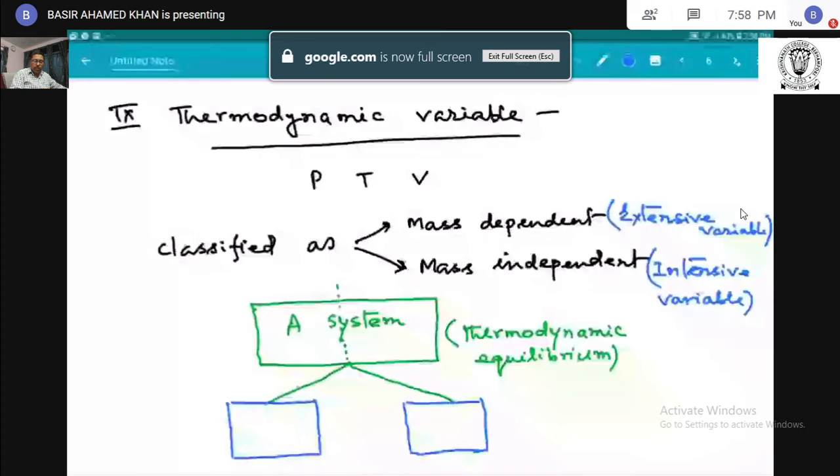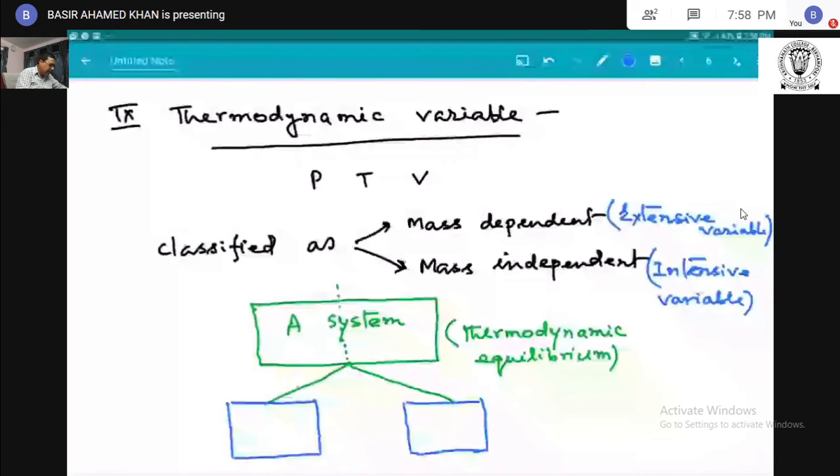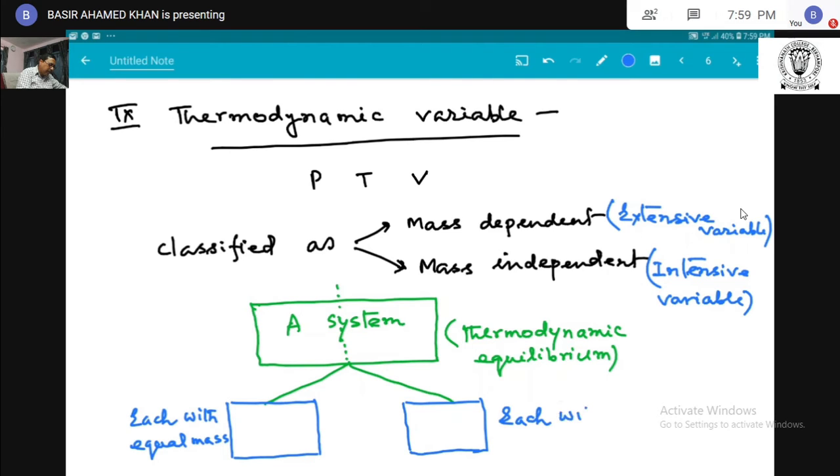Divided into two equal parts, each with equal mass. The two separate equally divided parts are of the same mass.